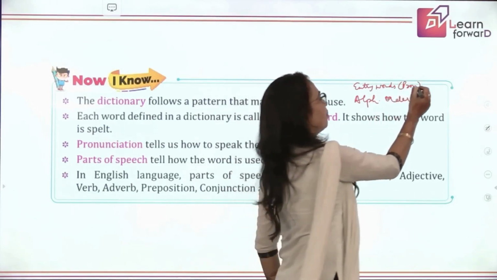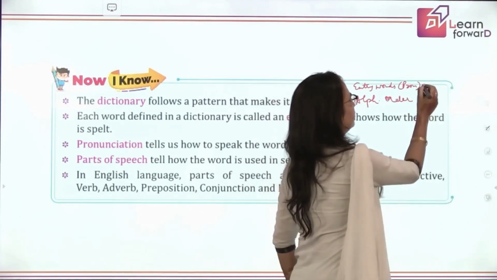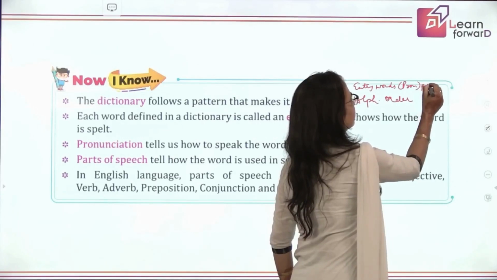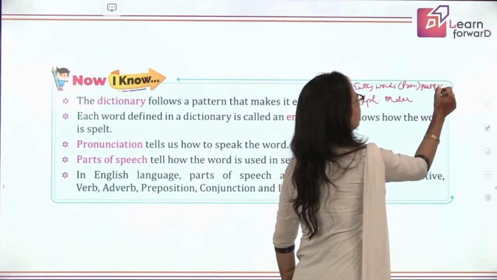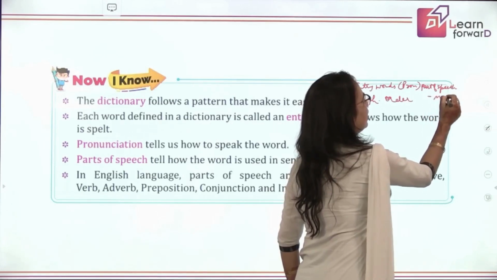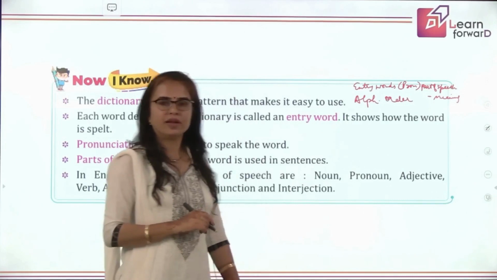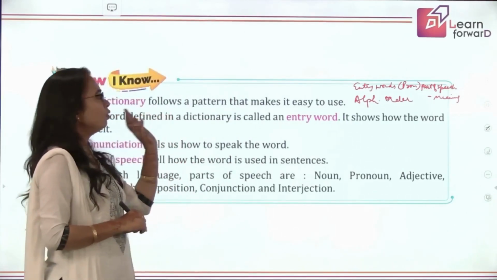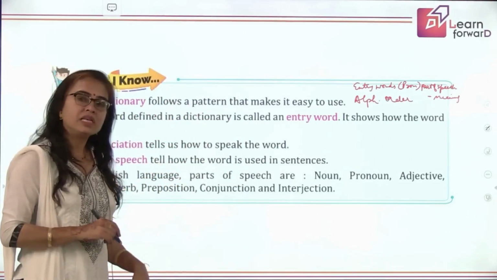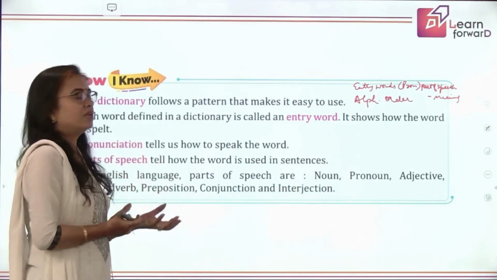Then you have the part of speech in short form. And following it, you have the meaning of the word and its usage and so many things, right? So dictionary follows a pattern to make it easy to use so that you know what you are looking for and what is being given there.